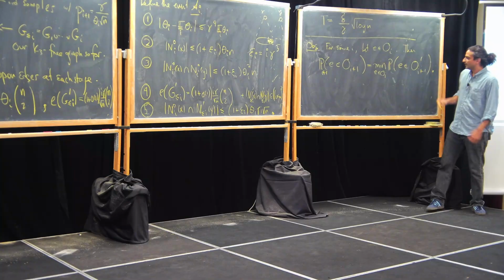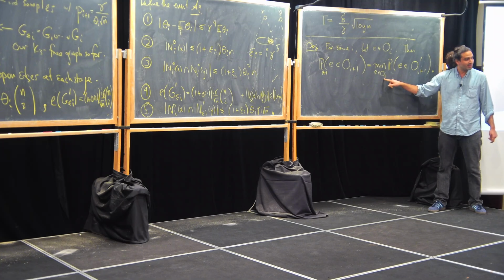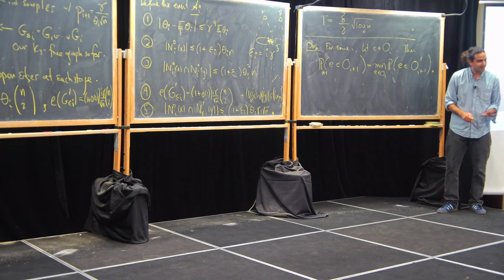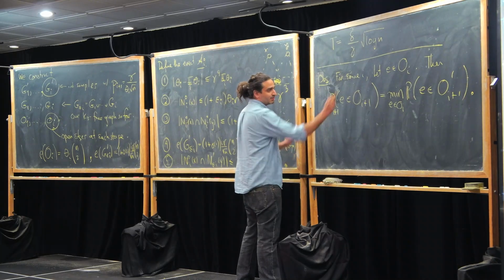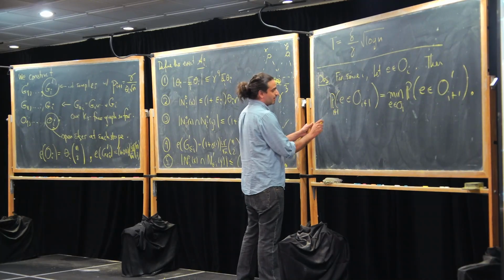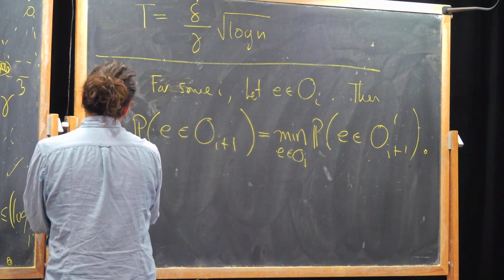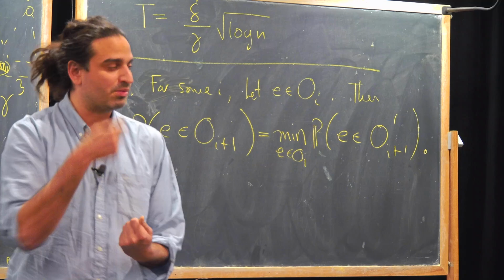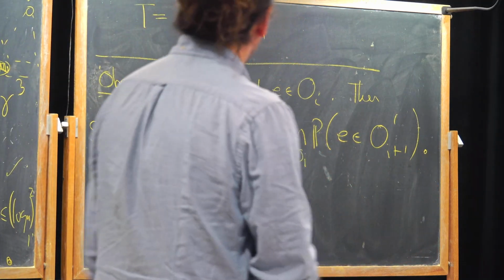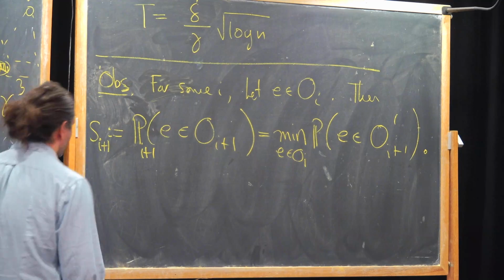And notice here now that the right-hand side doesn't depend on which e I choose. Is it clear? And since this is now just a fixed quantity, I'll define this S_{i+1} as the survival probability for an edge. So it's the same everywhere else, and it makes sense to define this S_{i+1}.